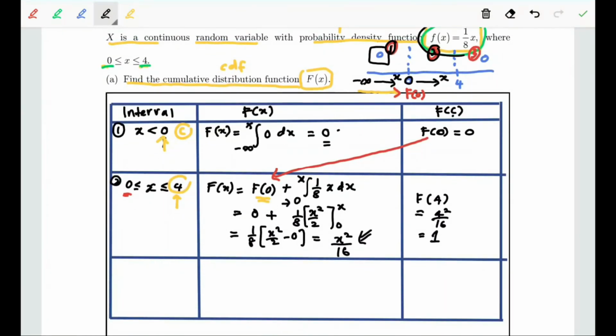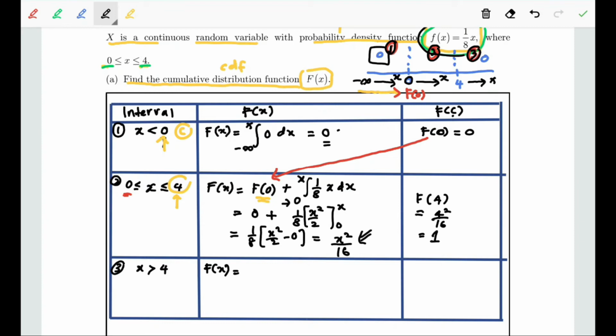Then we're going to substitute for the last interval. This is the last interval, for x greater than 4. The function here is fx equals, since for this interval we start from 4, we have to integrate from 4 until x.